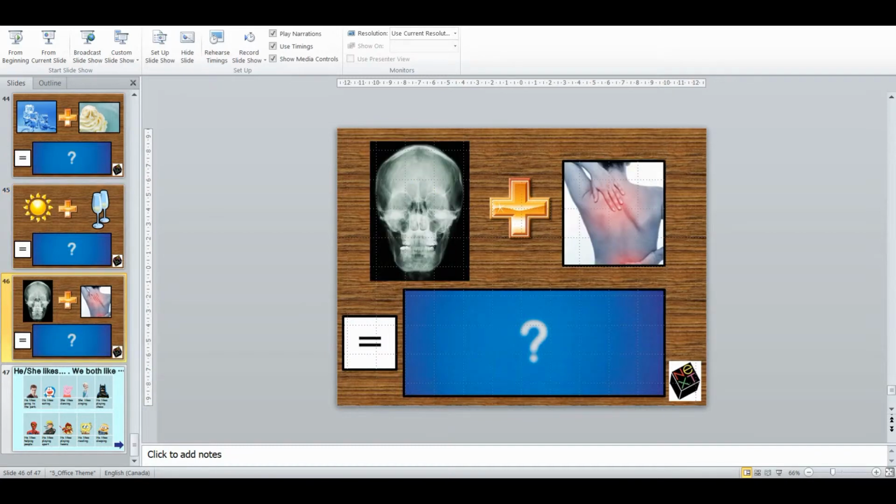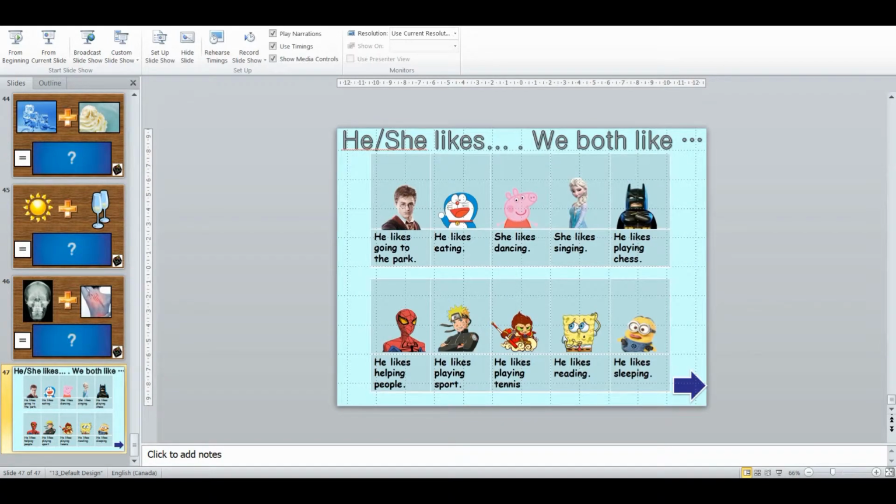So after finishing doing this particular activity, we then go into the different likes of these different characters. So we can say which characters both like doing something. You can use these ones. So this one can be what a person likes, and then also what a student likes.